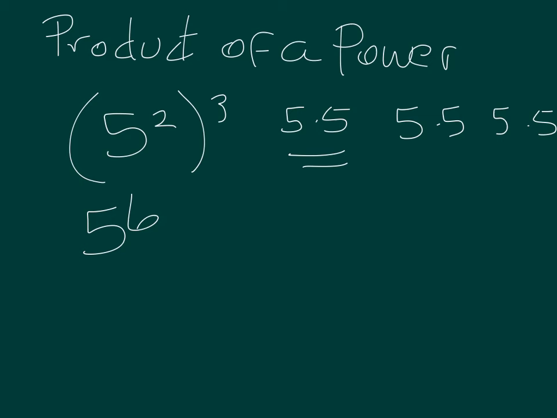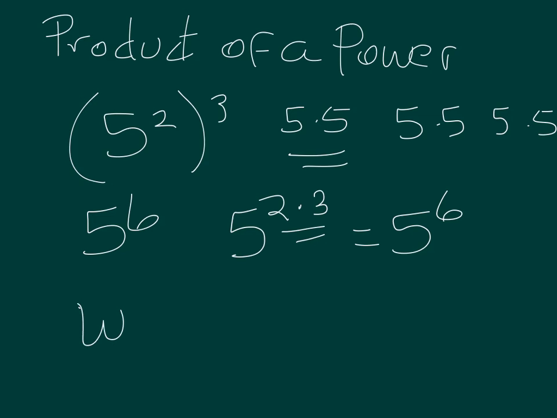But notice, we can do it more simply by going 5 squared times 3, which will equal 5 to the 6th. Notice how this is different than the power of a product. Here we want the power of a power, so we're multiplying the powers.